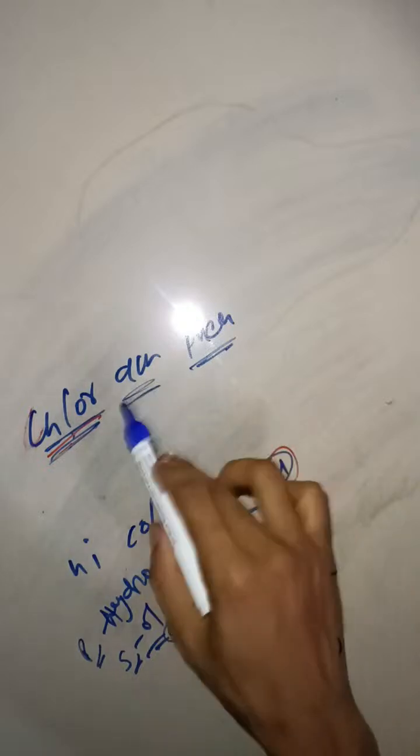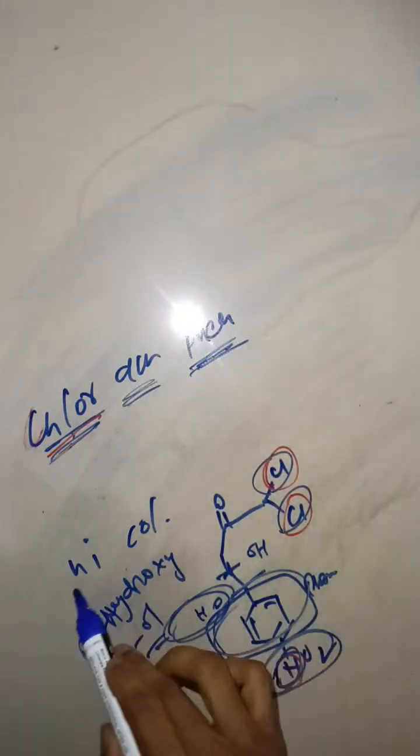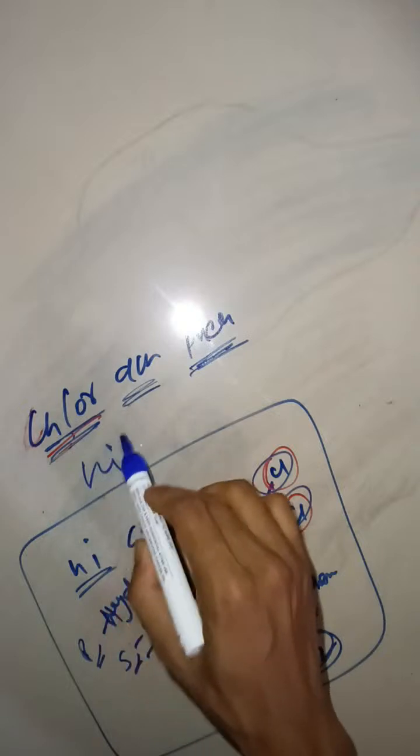Okay. So chlor means chlorine, AM means presence of nitrogen, phen means phenyl, NI means nitro, COL means ol, and ol is alcohol. So this is the complete structure of chloramphenicol.